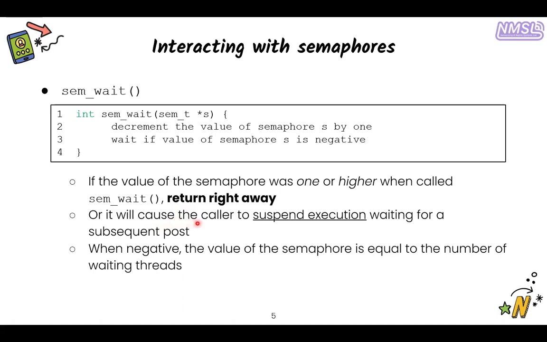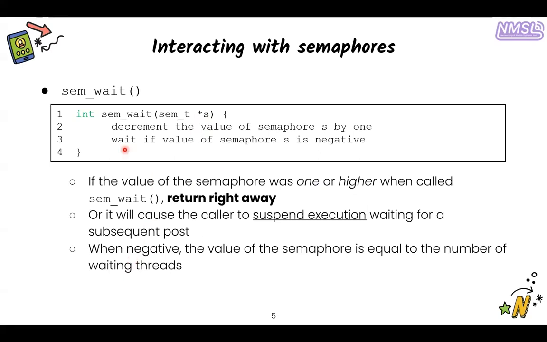Otherwise, it will cause the caller to suspend execution, and you're waiting for a subsequent post. Right? So you're basically waiting until someone posts. Now, when the value of S becomes negative, the magnitude of that value is equal to the number of waiting threads.